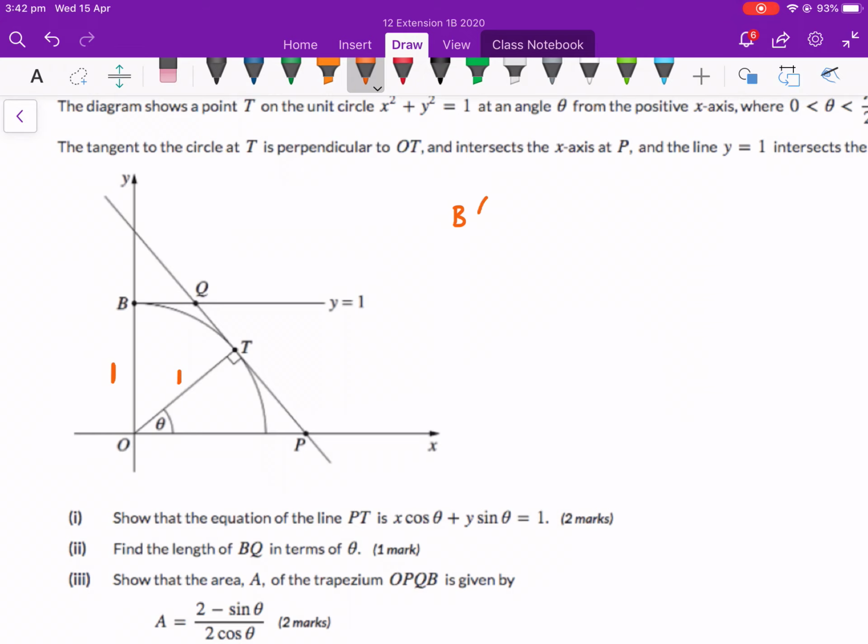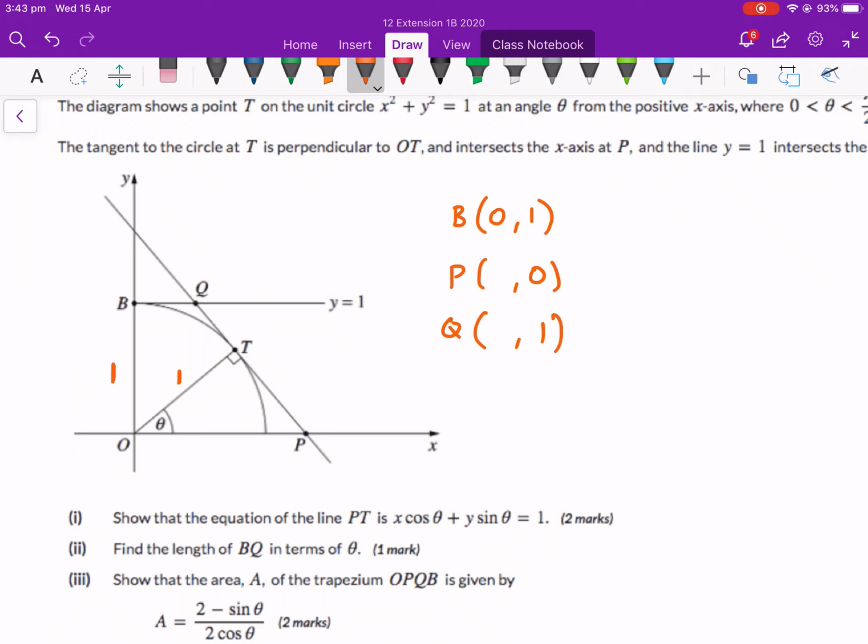B therefore has coordinates (0, 1). P, we're not sure the coordinates of P except that the y coordinate is 0. Q, we don't know its x coordinate, but we do know that its y coordinate is 1 because it passes through the line y equals 1.